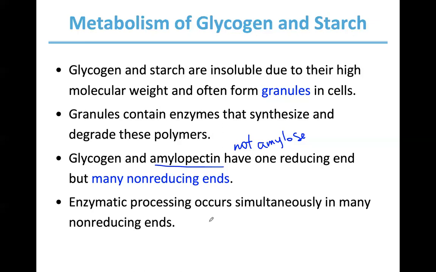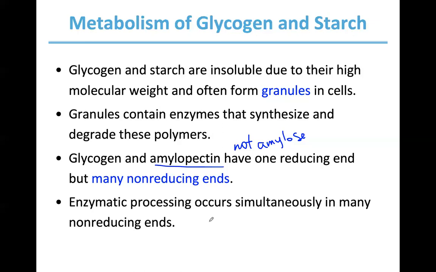So luckily, when you were having your meal, your liver made a lot of glycogen, and so your glycogen is going to start to be hydrolyzed in the liver to produce glucose, which goes back in the blood, and the blood will carry it to the brain, where it will serve as the nutrient for the brain.